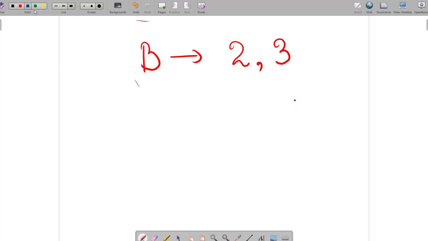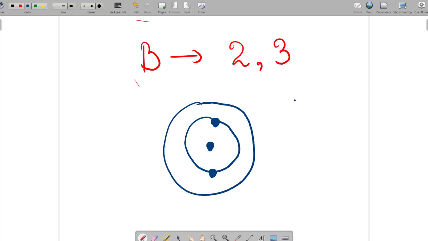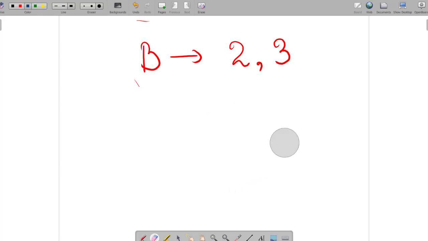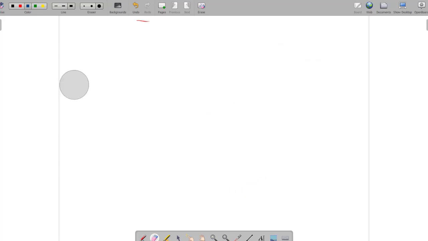How are you going to draw? Here it's 2, no problem. The third one is like this: one is in the pair and the other one is single. Okay, so this is how we draw boron. Likewise, you can draw up to neon.